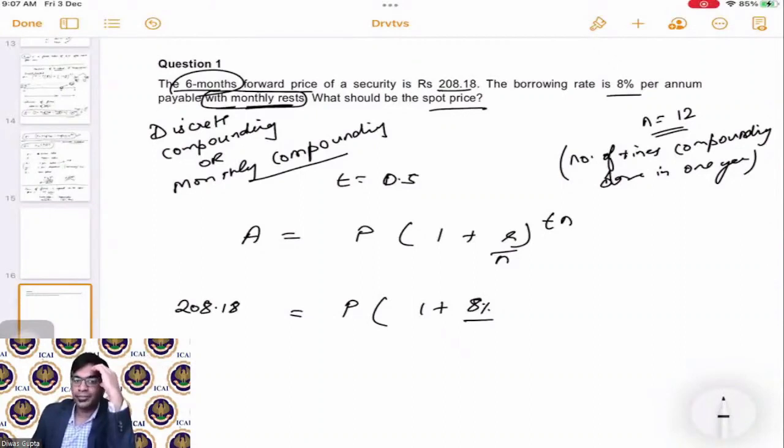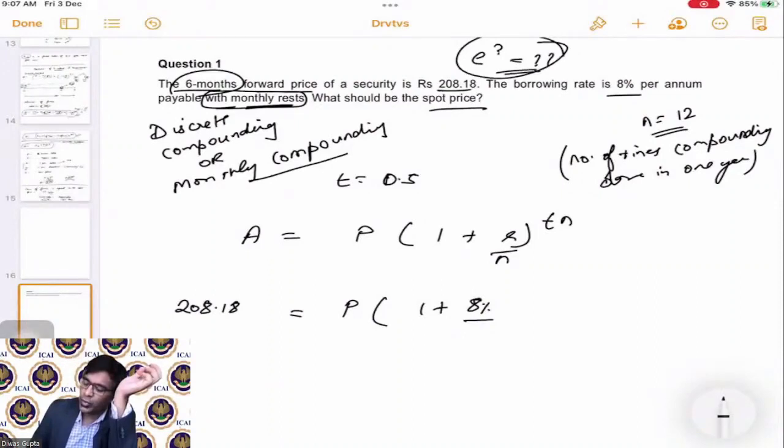The question will tell you whether it is continuous or discrete. And one more thing, if in the question the value is given as e raised to the power something, then always assume it is continuous only. Because you will be able to utilize this once you assume it is continuous. Okay, Naveen. So we will go to the continuous questions also, but this is a discrete question.